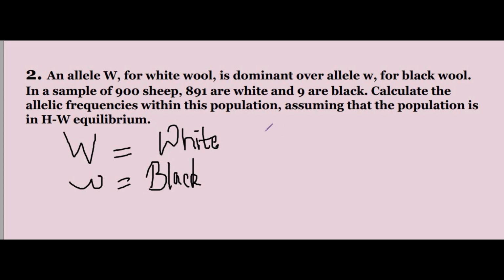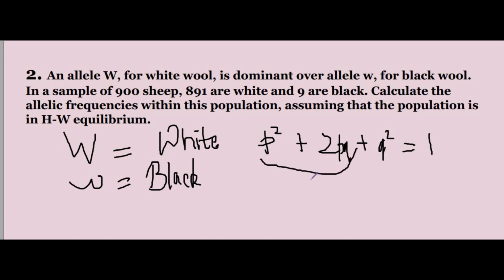So in the equation P square plus 2PQ plus Q square is equal to 1, the P square plus 2PQ part will give us the value for the white wool, and Q square will give us the value for the black wool, because it is wholly dominant over the other allele.